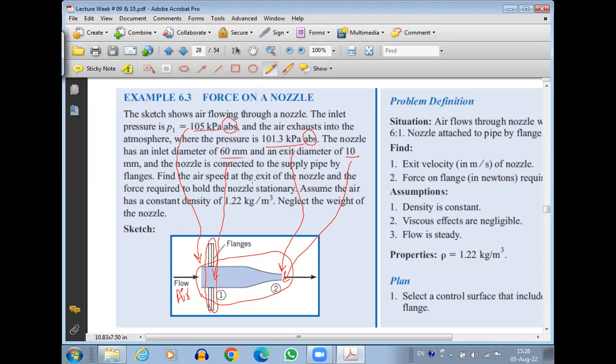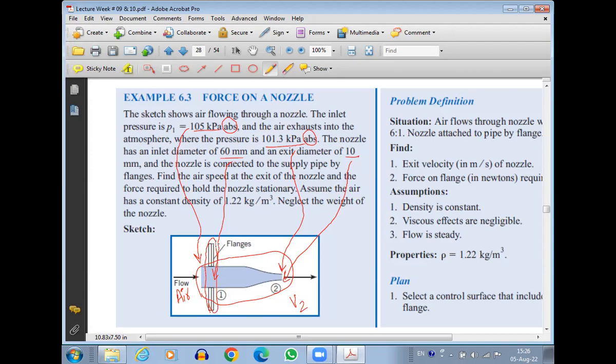Find the airspeed at the exit of the nozzle. So we need to find the airspeed, V2, at the exit of the nozzle, and the force required to hold the nozzle stationary. The thing is that we have a main pipe and a nozzle is connected to the main pipe.